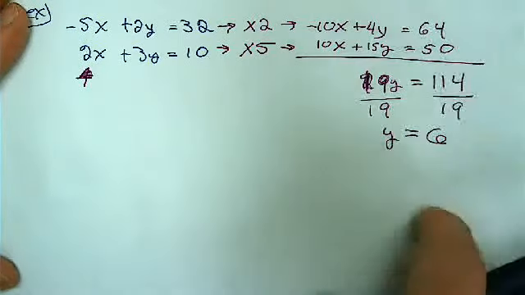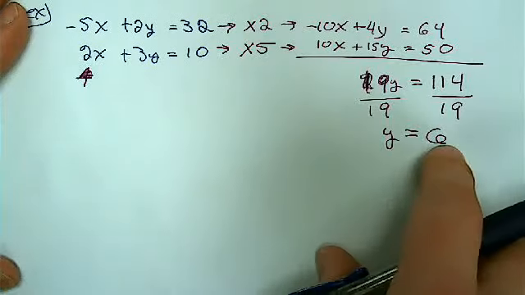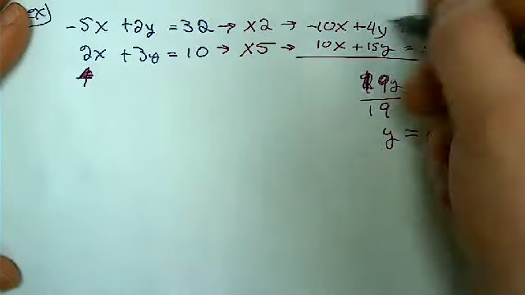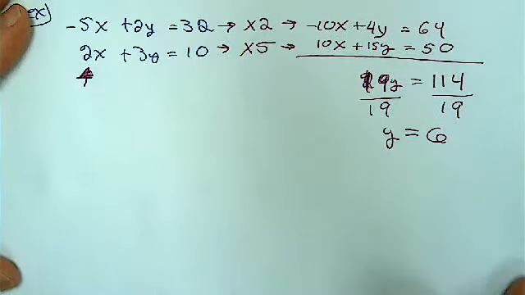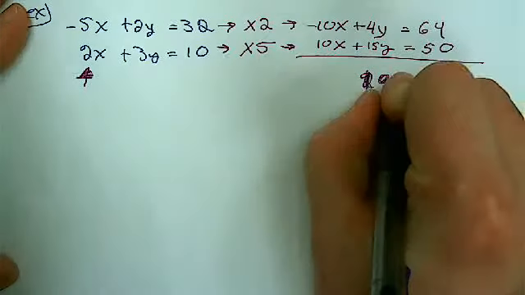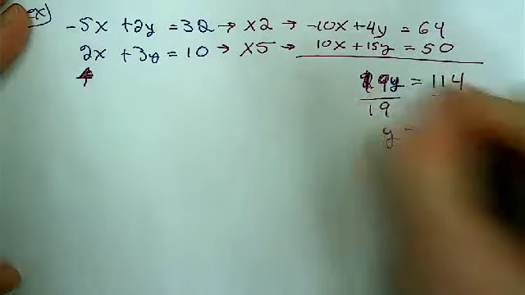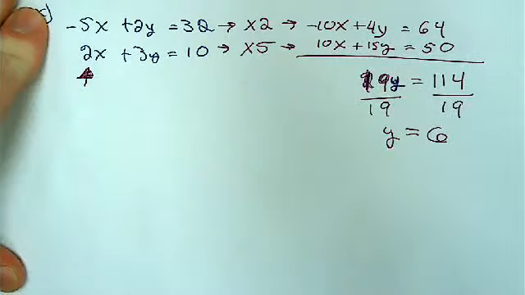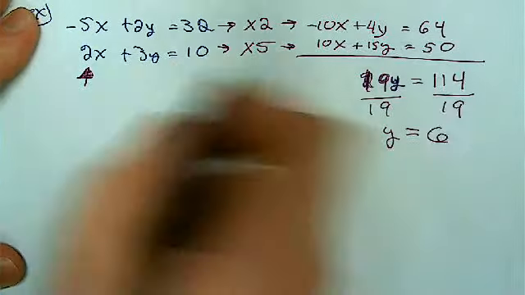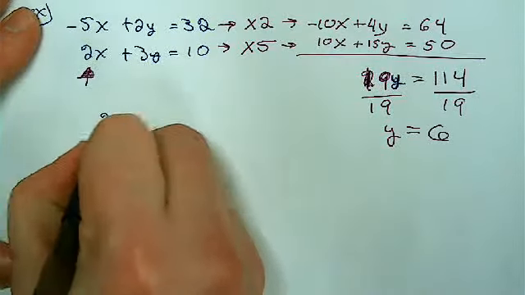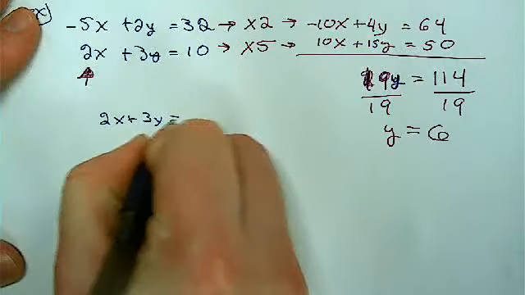That's a y, from the y column. Kind of does look a little bit like a 2. Now I still have to get what x is, so I go back to one of the original equations: 2x plus 3y is equal to 10.